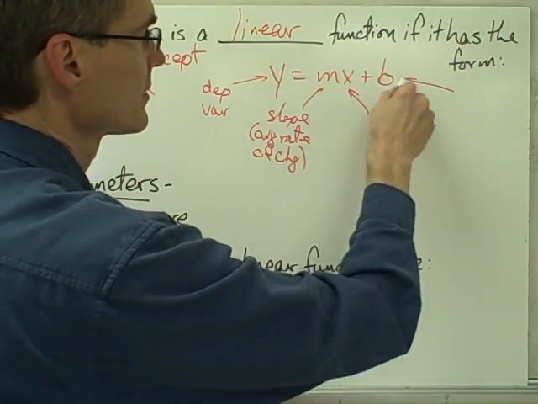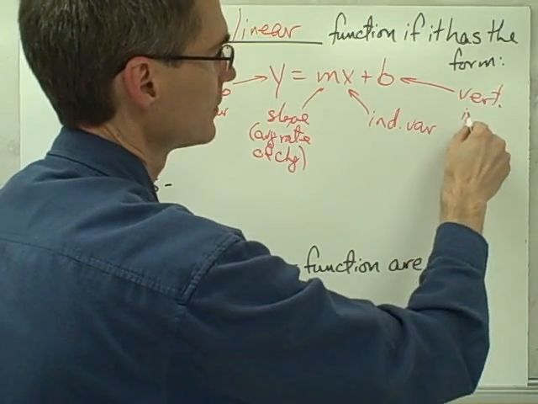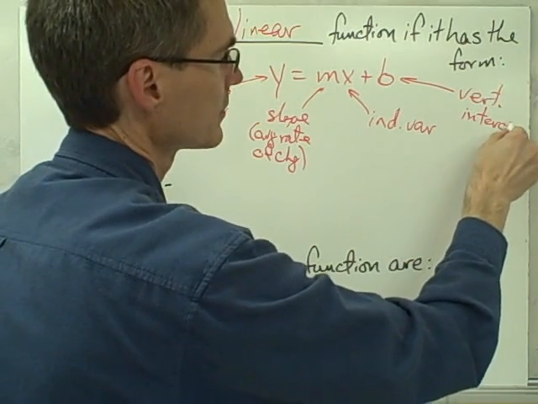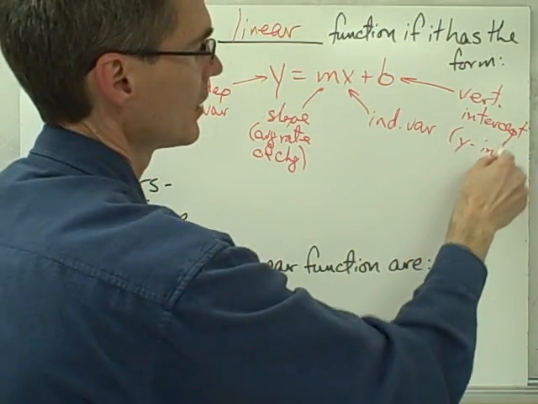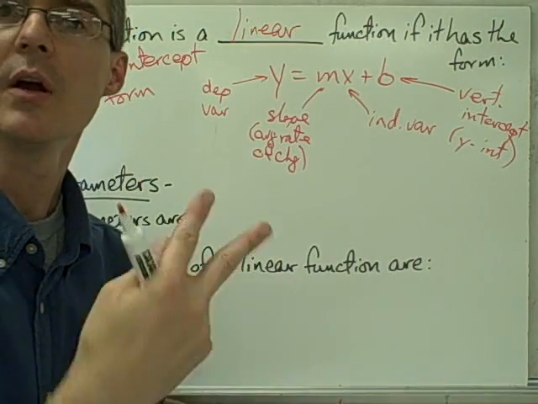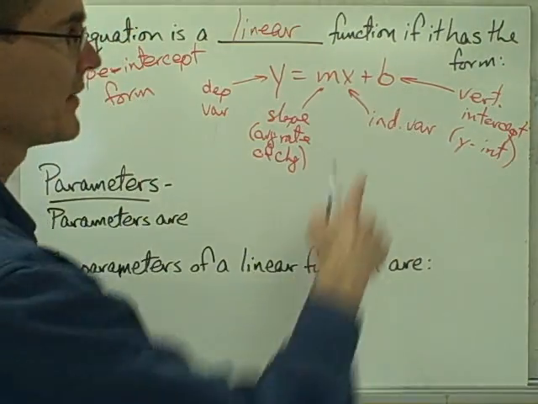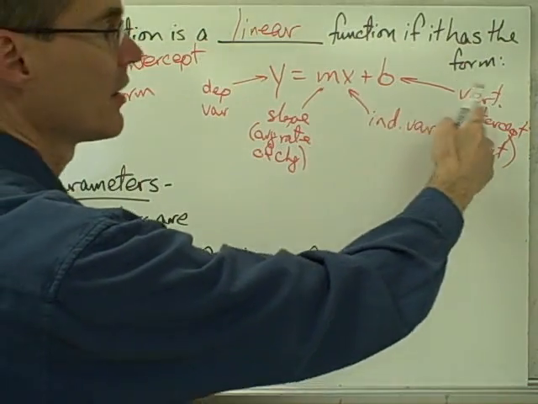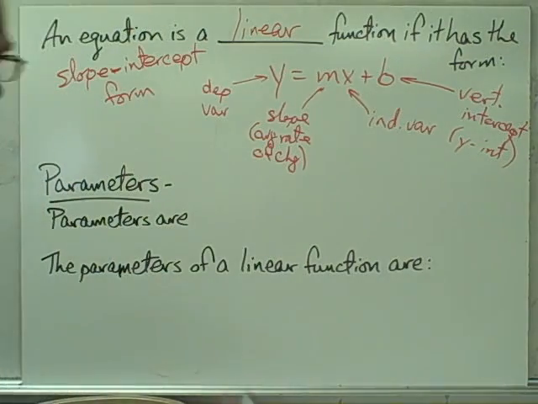And this is my vertical intercept, or you also hear this called the y-intercept. We're going to call it the vertical intercept in general because sometimes we're going to have equations where the dependent variable is not necessarily y, so we just call this the vertical intercept. That's where my graph is going to intercept the vertical axis on the set of axes.